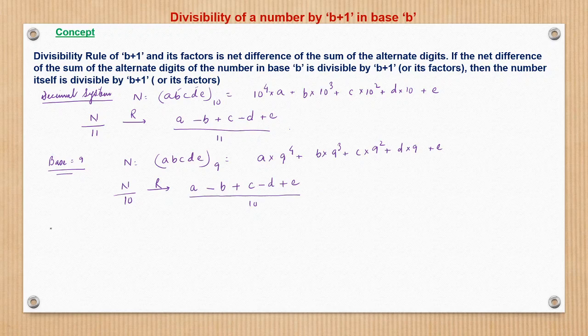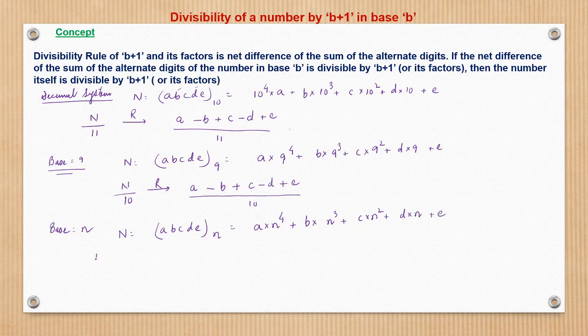So if we write in generic form, say base is equal to n, so here also we can write abcde, or any number in base n. This can be written as a into n raised to power 4 plus b into n raised to power 3, c into n square, d into n plus e.